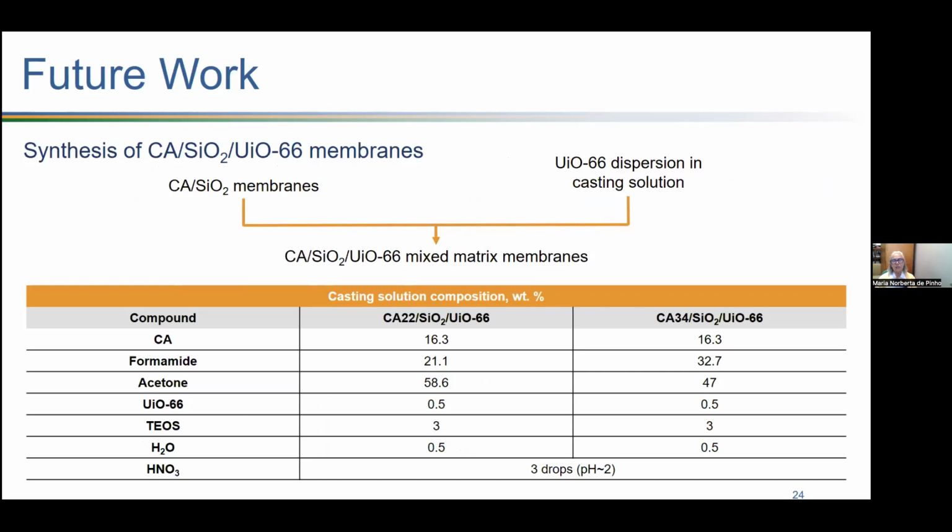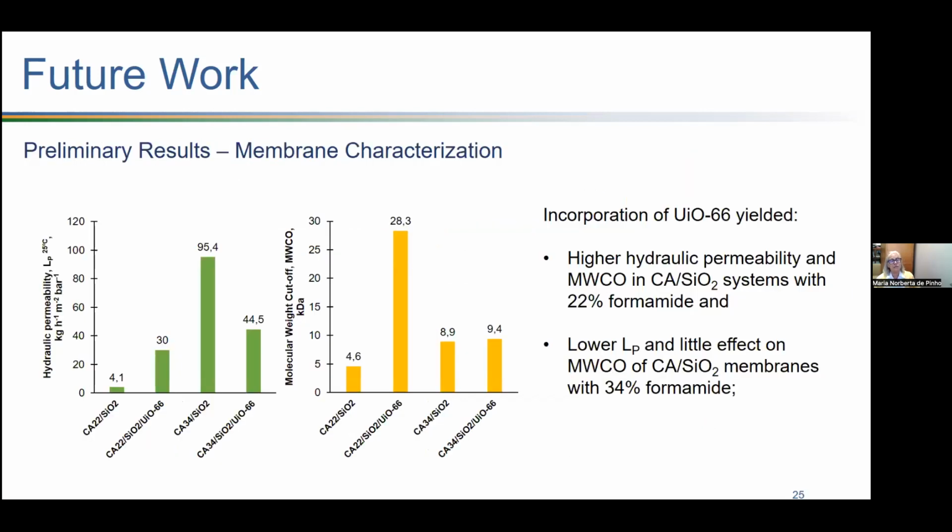We did that for 2 membranes, a tighter membrane, CA22, and a membrane, CA34, that is more open, with a larger porous structure and a higher molecular weight cutoff. We have some preliminary results, and we can see that the hydraulic permeability increases with the addition of the MOF for the CA22, the tighter membrane, but not for the other membrane with larger pores.